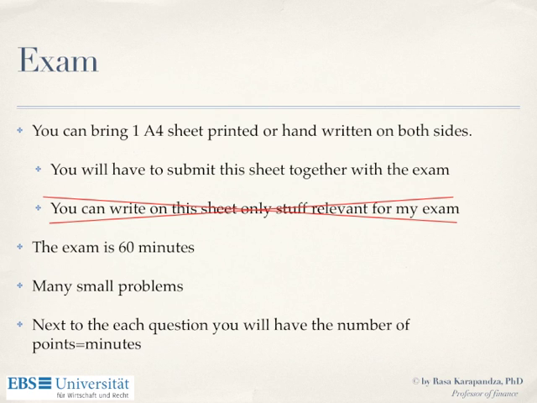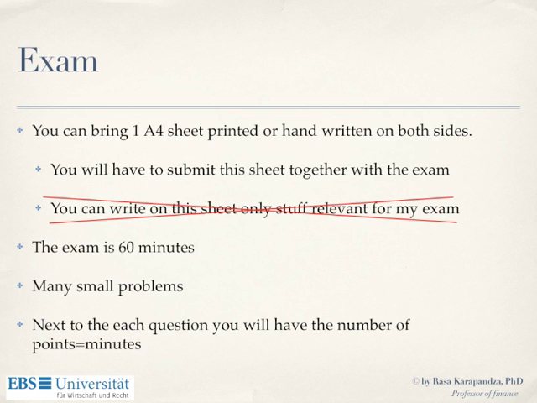Now, there will be many small problems, so you can diversify. Next to each question, you will have the number of points written in bold letters. This will serve you as a guidance. If it says 3 points, that means I assume that you should be able to solve this problem in 3 minutes.